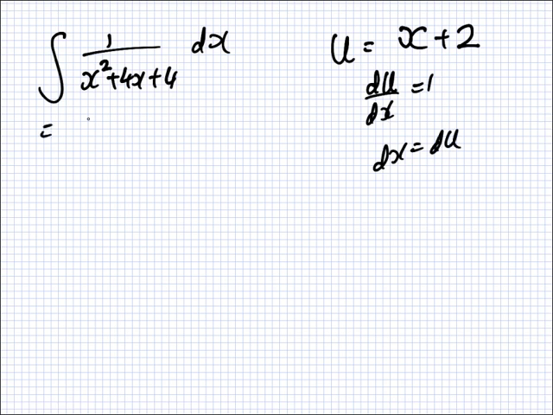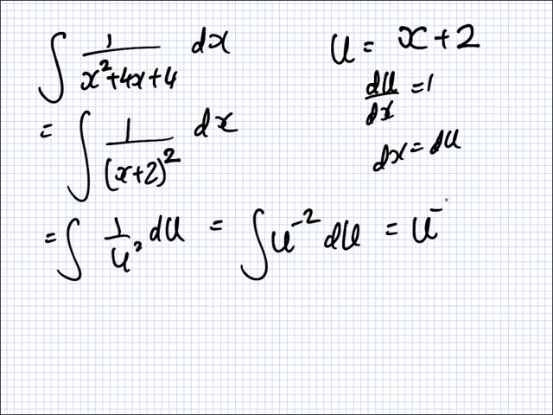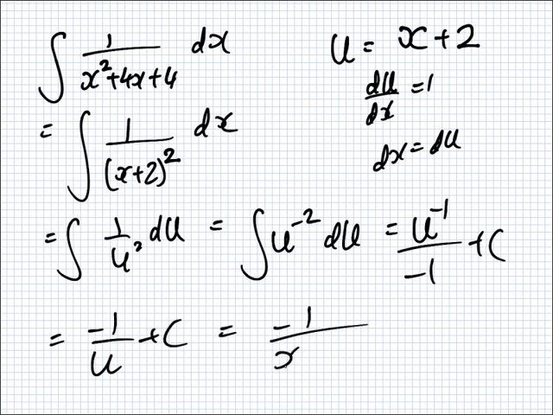Now this one here, you realize if you factorize it, on the bottom you get what factors? x plus 2 and x plus 2. So that's x plus 2 squared dx, which is 1 over u squared du, which is integrate u to the minus 2 du, which is u to the minus 1 over minus 1 plus c, which is minus 1 over u plus c, which is minus 1 over x plus 2 plus c.